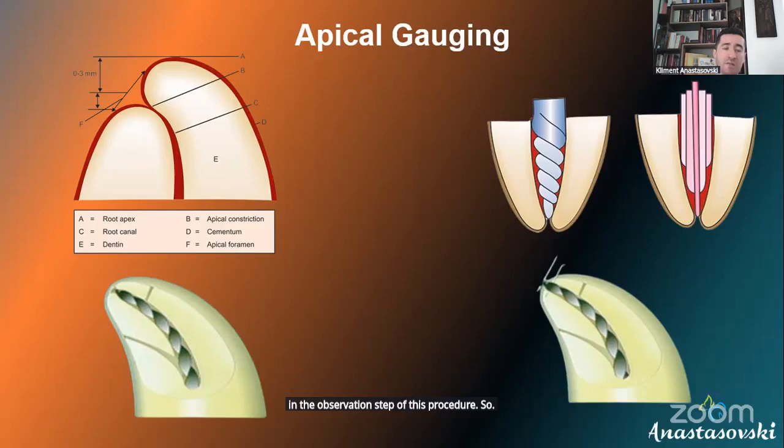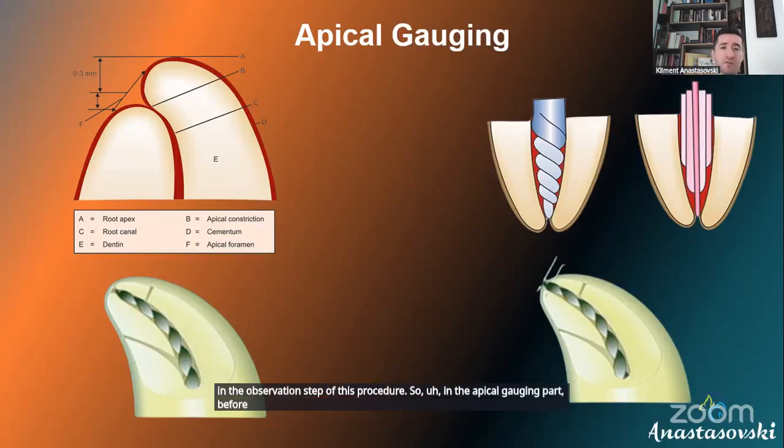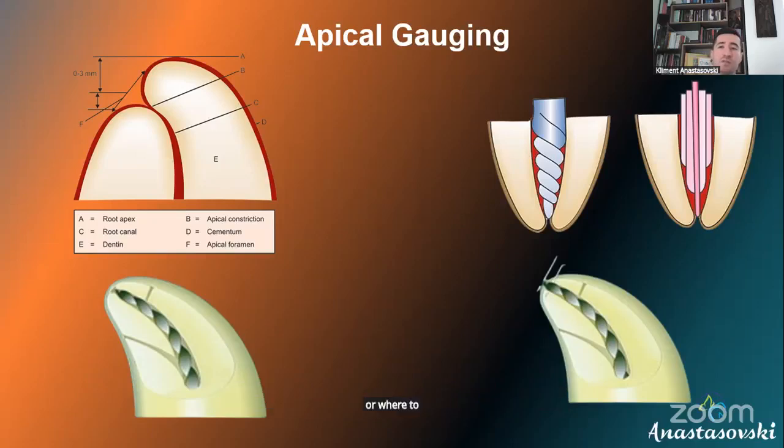In the apical gauging part, before we start talking about that, first of all, we need to determine the end part of our shaping procedure, or where to end our shaping of the root canals, what should be the most apical part of the instrumentation of the root canals.